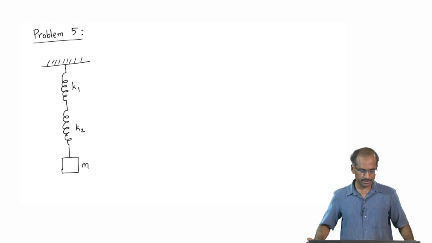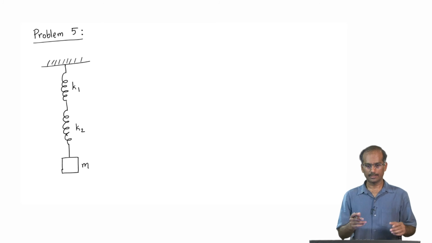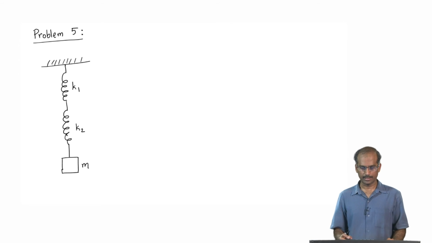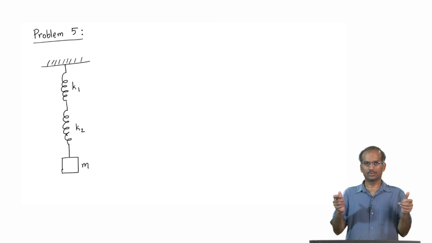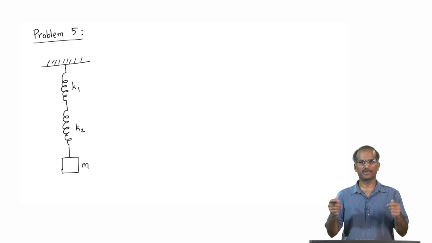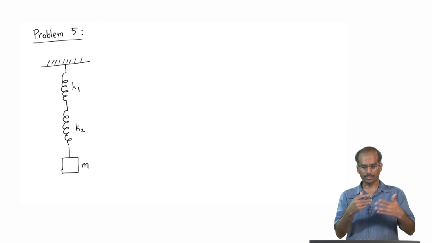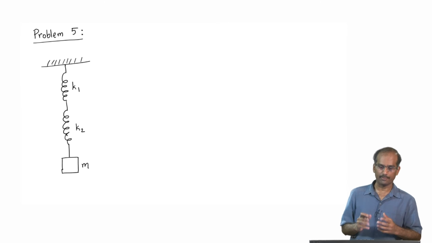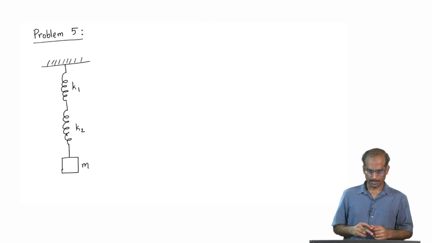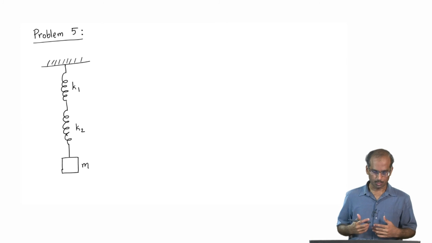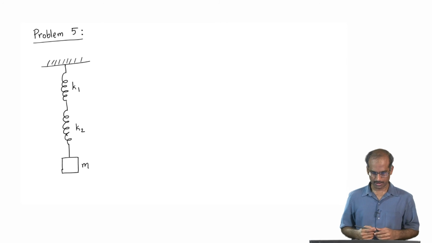The next problem is a variant of the earlier problem we had seen. Earlier the two springs were connected in parallel, but now they are connected in series, one below the other, and again you have mass m which is being supported by these two springs from a rigid support.